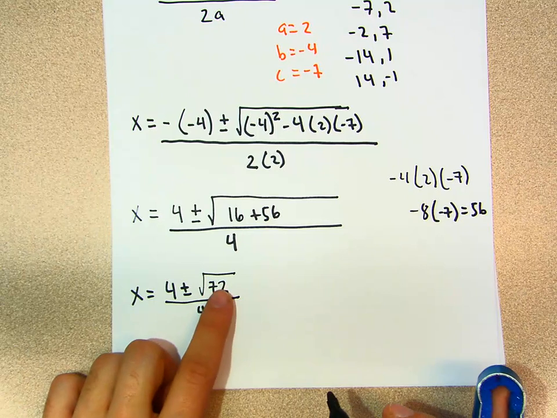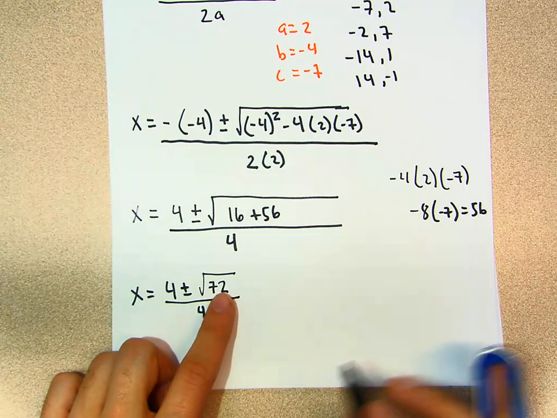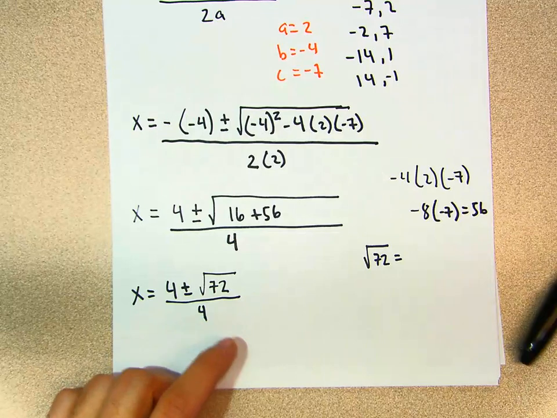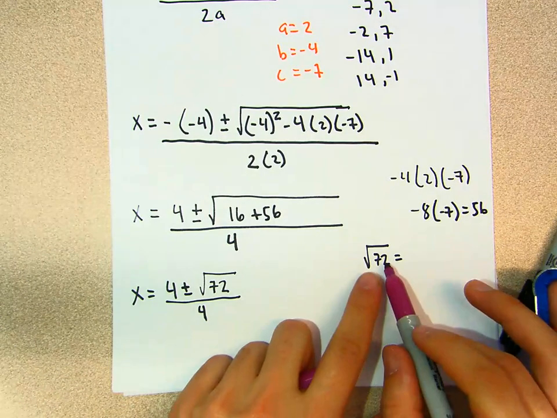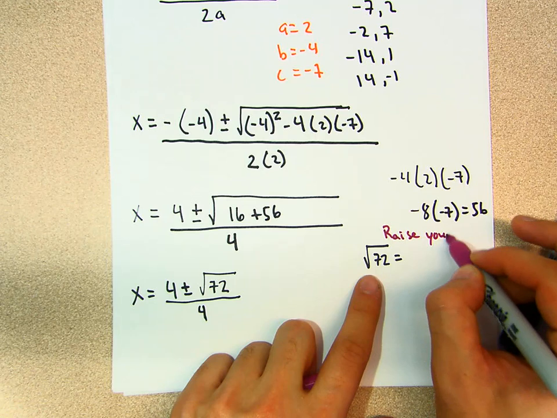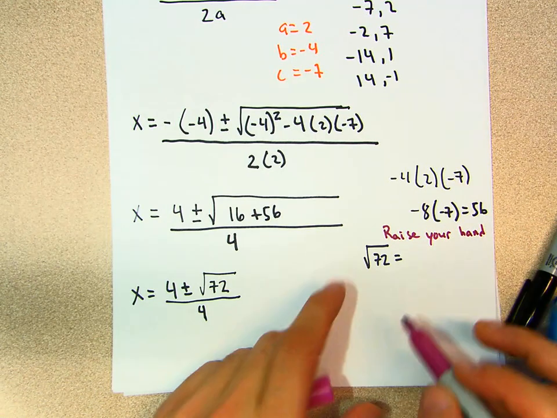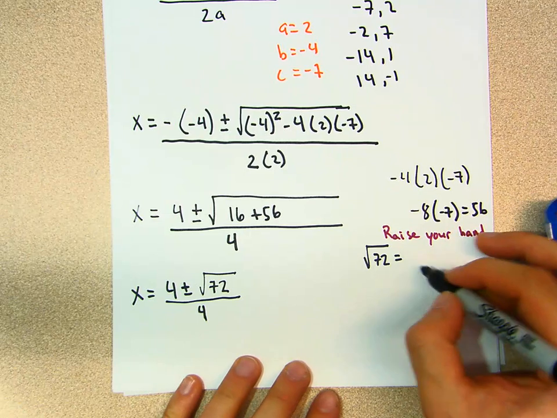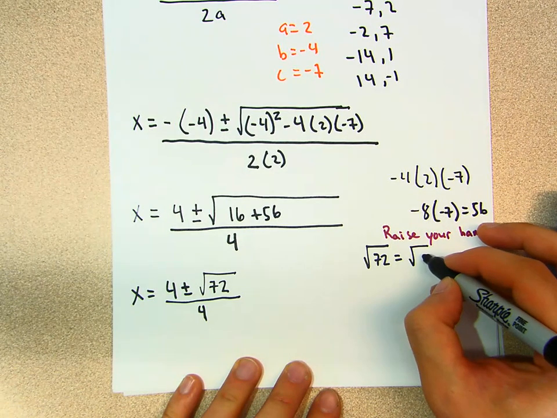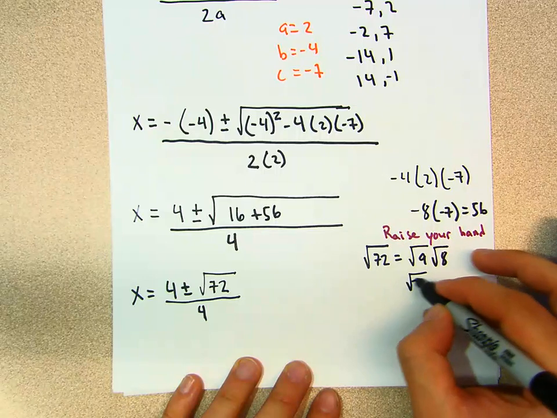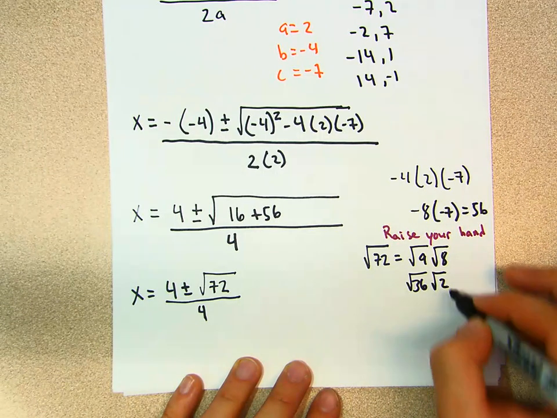Now this is the part where everybody freezes a little bit. If I say simplify the square root of 72, and you're like, Mr. G, I don't know how to do this, raise your hand and I will show you how to practice this. But what will it be? The square root of 72 is equal to the square root of 9 times the square root of 8, but it's also the square root of 36 times the square root of 2.